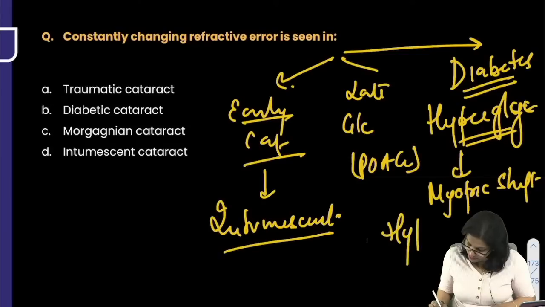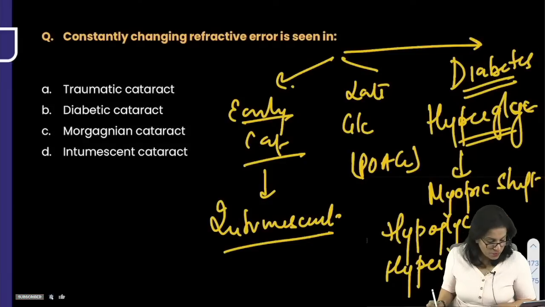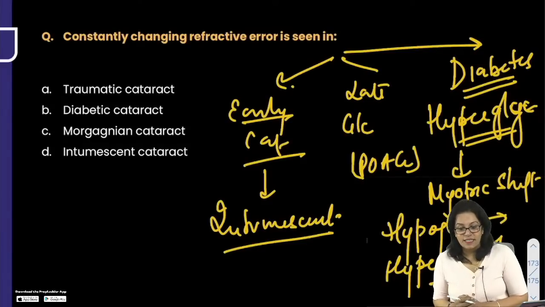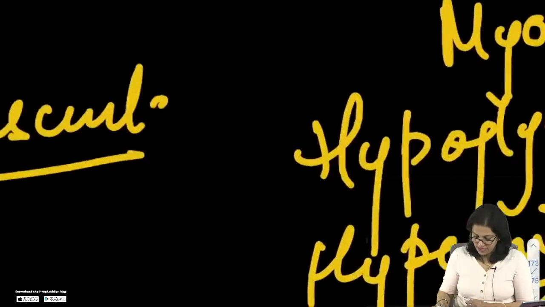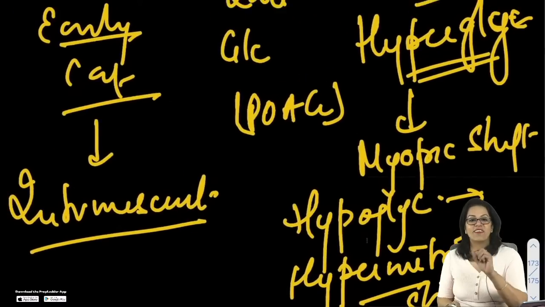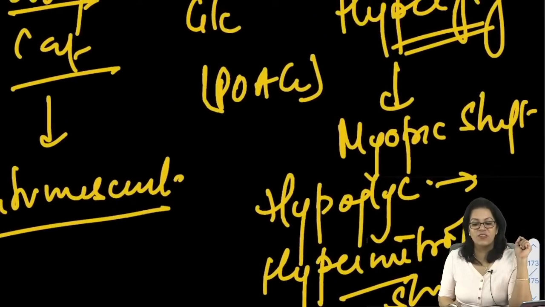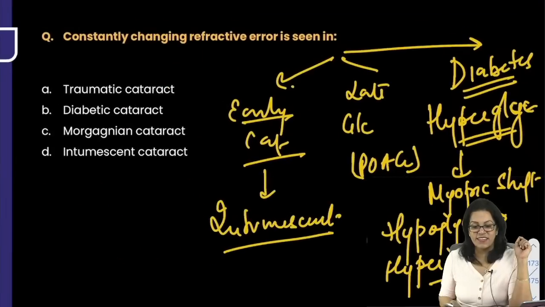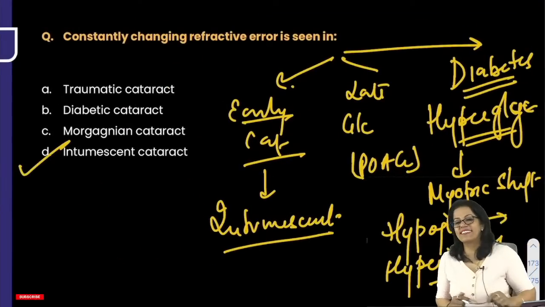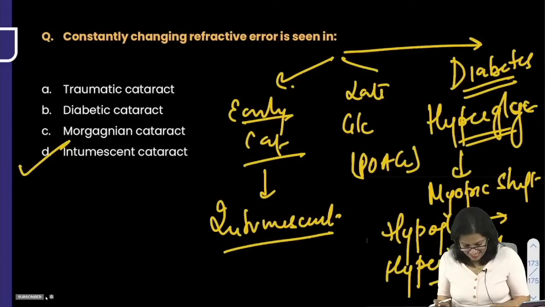And in hypoglycemia, this is going to lead to hypermetropic shift. Okay? Am I clear to you all now? You have to understand this. It is not diabetic cataract, but it is diabetes itself which is causing frequent change of glasses. So here our answer will be intumescent. I told you I will not give a simple question.